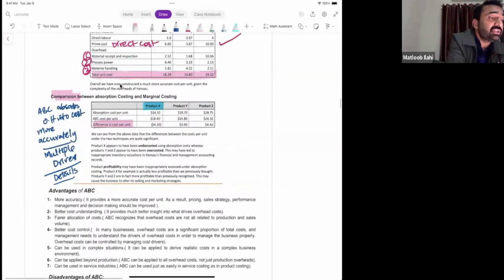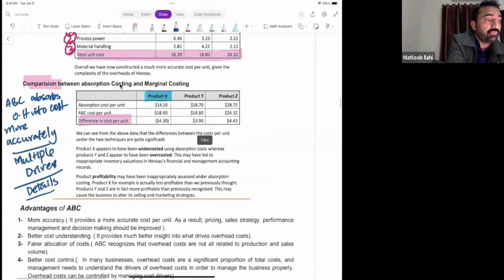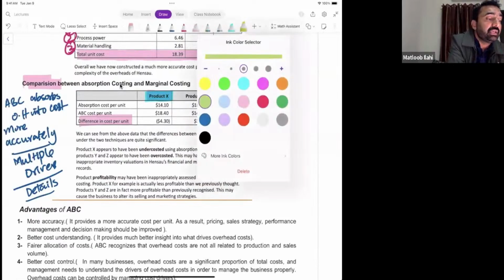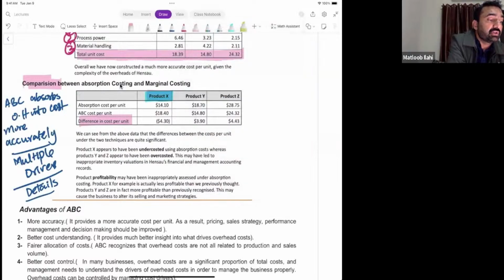So product X has a higher cost than under absorption costing. What is the reason? The reason is that product X consumes more resources. That's why it is charged with more overheads. Product Y, its absorption cost per unit is 18.7, ABC is 14, which means its cost has decreased under ABC.